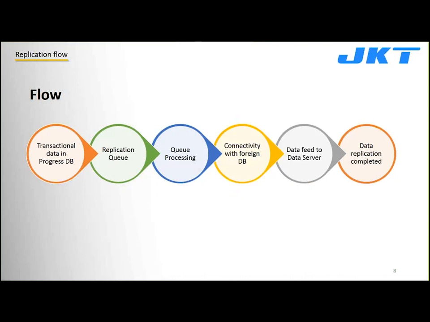Once the change information is in our replication queue, the process runs to process the stored data in the queue and establish a connection with the foreign database so that it can transfer the data from the Progress DB to the foreign database by establishing the tunnel using the OE Data Server and DSN.